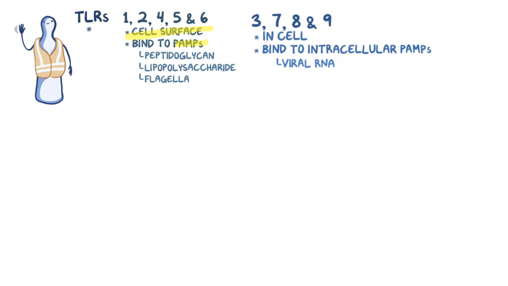Peptidoglycans, lipopolysaccharide, and flagella, right? 1, 2, 4, 5, and 6. And then you have other ones. There are 3, 7, 8, and 9, okay? Those are going to be inside of the cells. Those are going to be very important for dealing with the stuff that gets through the membrane and gets inside of the cell. So those are going to be very important against viruses.